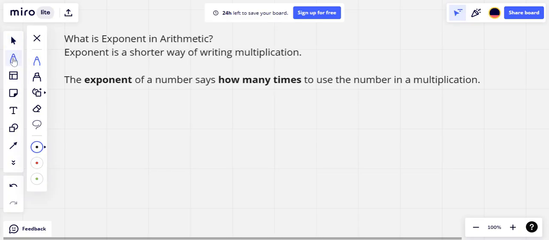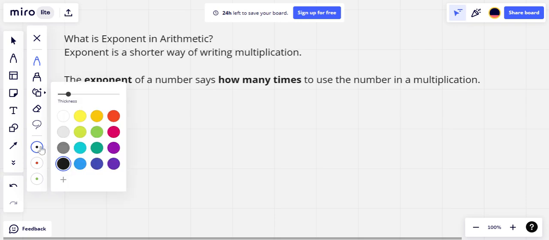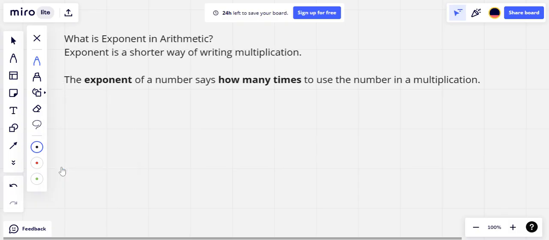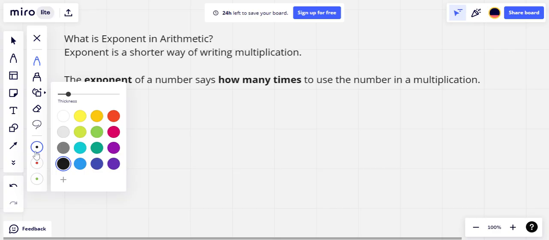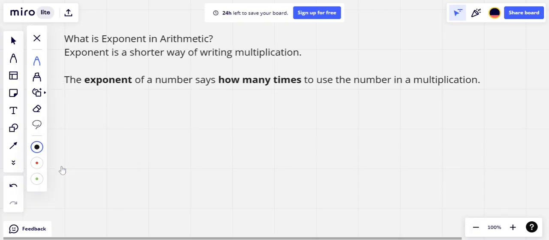Whenever we are writing exponents, there are two parts to it, and I'm gonna show you. So I get my black marker right there. Let's see if we can thicken this a bit. We want it a little bit bigger, right? So let's look at this.